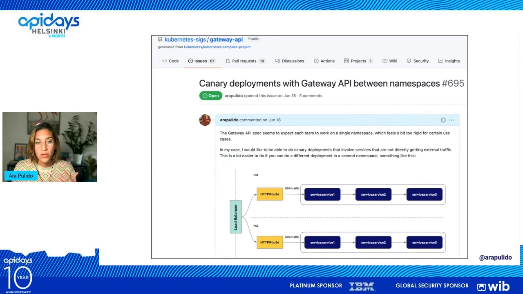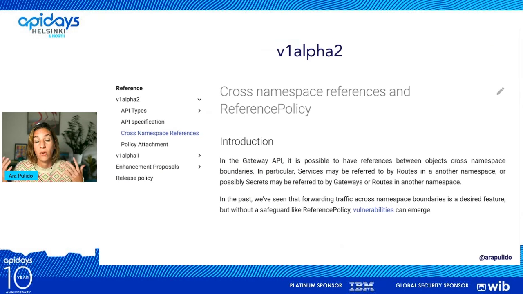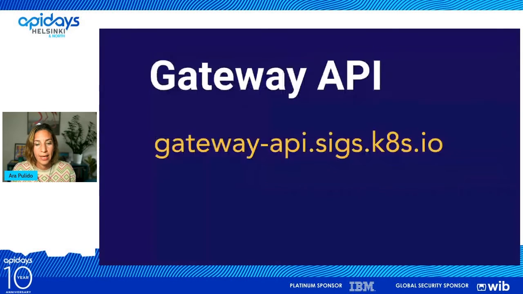And apparently I wasn't the only one who needed this. So on the newest version of the API, they work on some namespace references to make sure that it's something that can be done, but also it has some safety nets to avoid doing weird things.